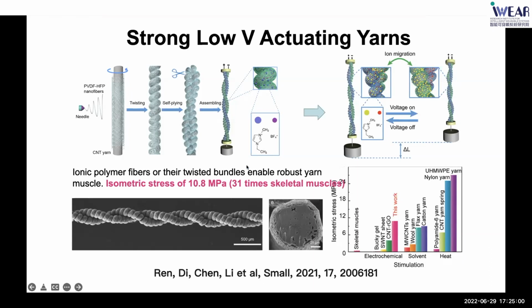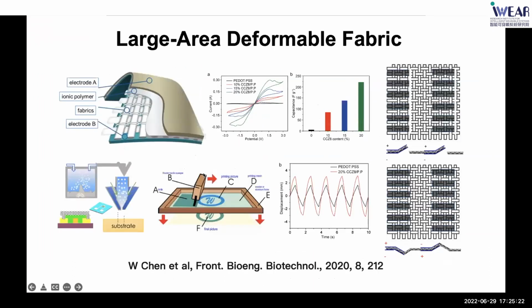And due to the twist and bundle structures, the robust yarn muscle achieves the highest isometric stress of 10 to 8 megapascals, which is 31 times that of skeletal muscles. Another example is that we use conventional methods such as ink printing and screen printing to fabricate the no-V fabric muscles.